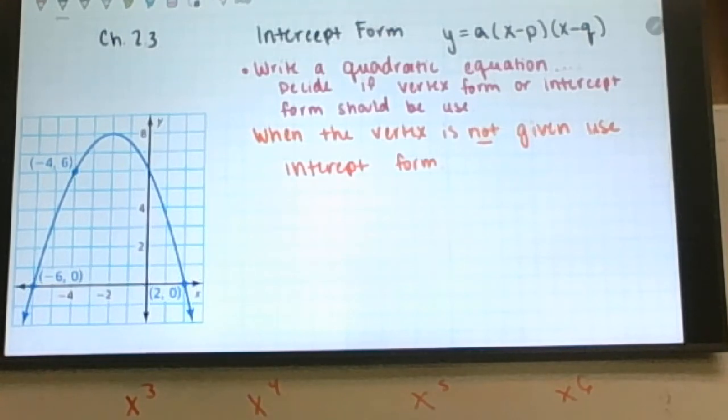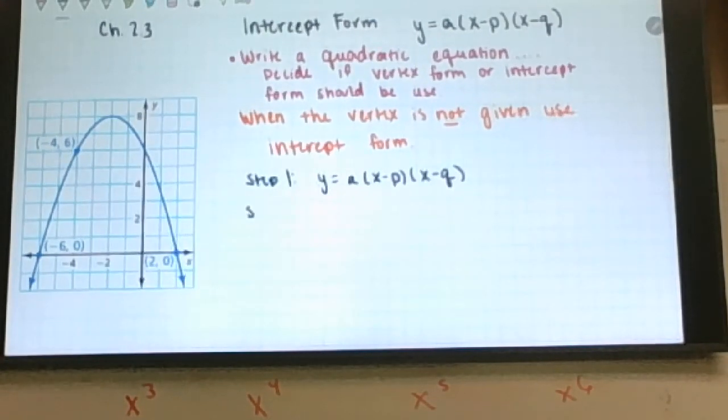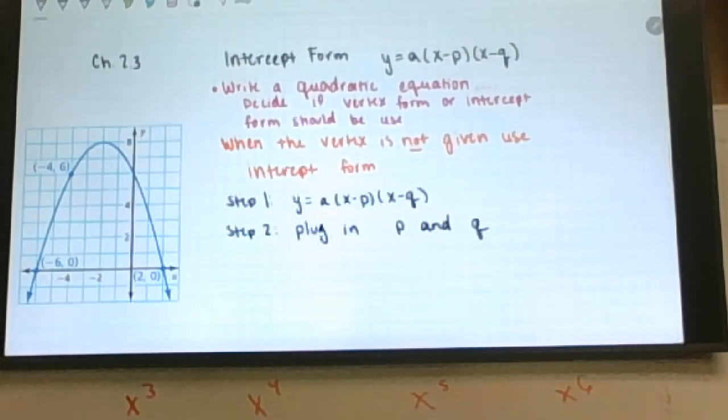So step 1. All right, step 2 is applying P and Q. But what are P and Q? P and Q are intercepts.